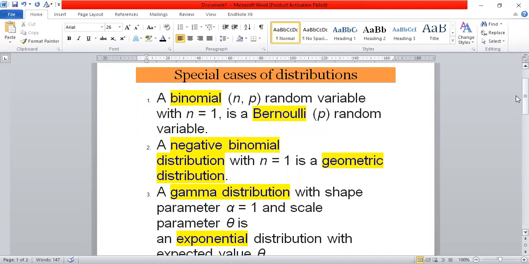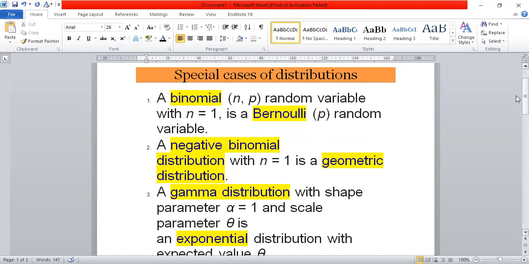You know that the binomial distribution has only two parameters, n and p. n is the number of observations, and p is the probability of success. A binomial random variable with n equal to 1 is a Bernoulli. We all know that the Bernoulli distribution has only one event, and when we add Bernoulli trials, we come to the binomial distribution. So binomial and Bernoulli: discrete to discrete special case.